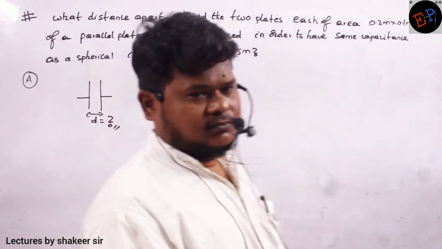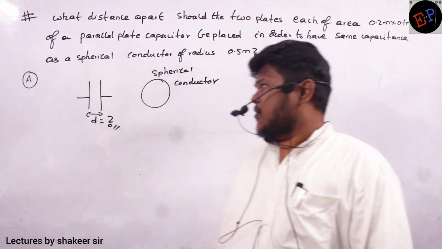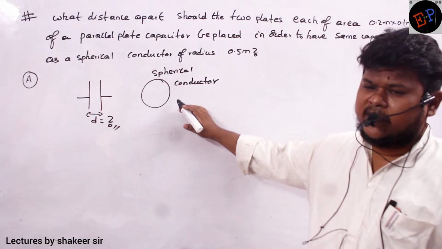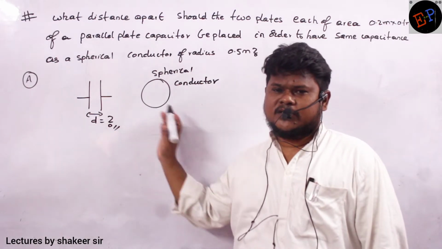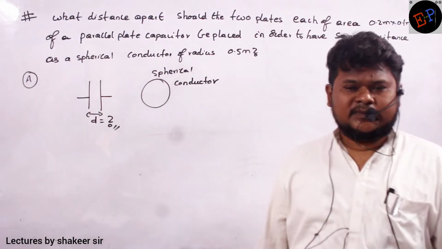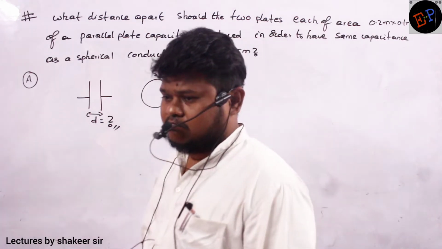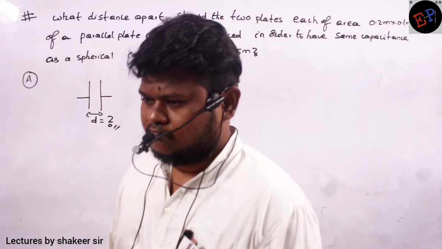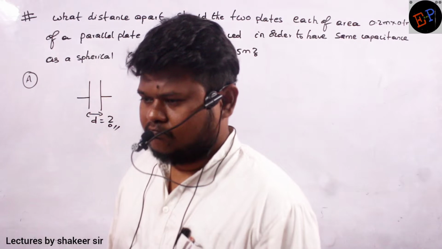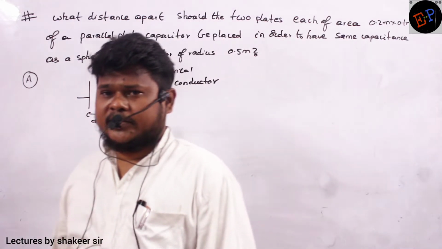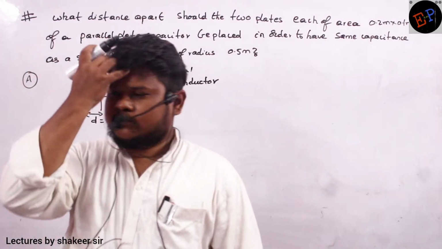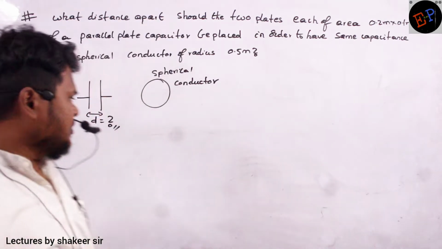Spherical conductor and parallel plate capacitor, they should have equal capacitance. Epsilon naught A by d. What should we equate it to?